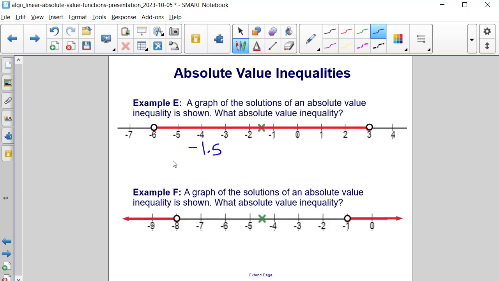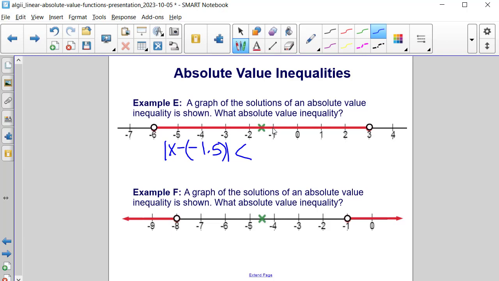And if you remember, in an absolute value inequality, we take our x value and subtract that center point from it. And because it's an and statement, we need to have a less than sign. And now the distance is what appears on the other side of the inequality.